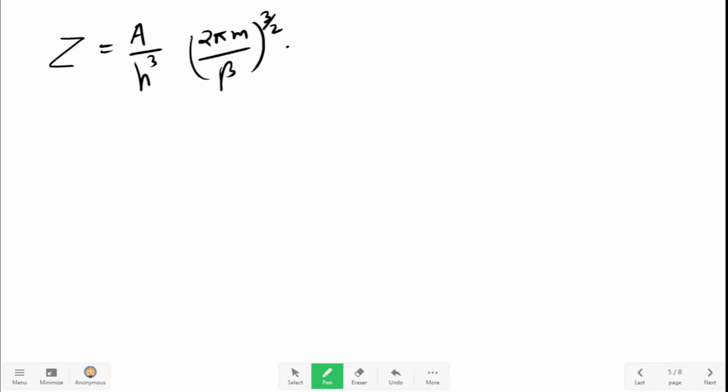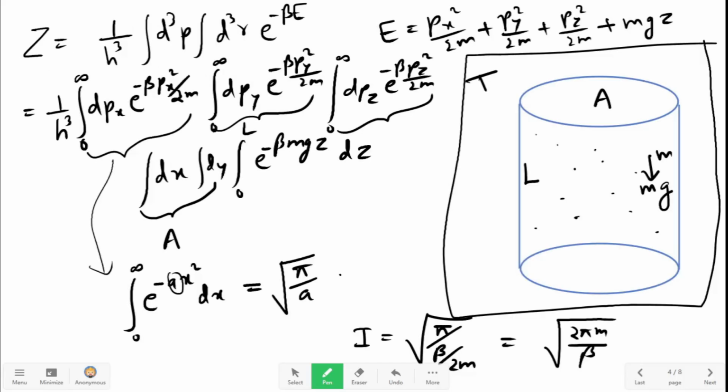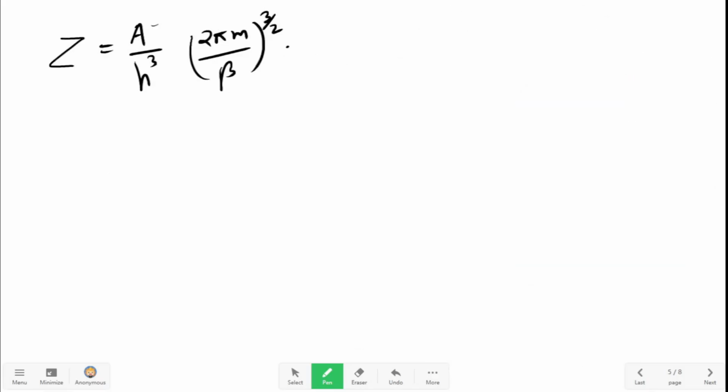Now integral dx integral dy is A, which is already calculated. Remaining is the integral from 0 to L of e raised to minus beta mgz dz.